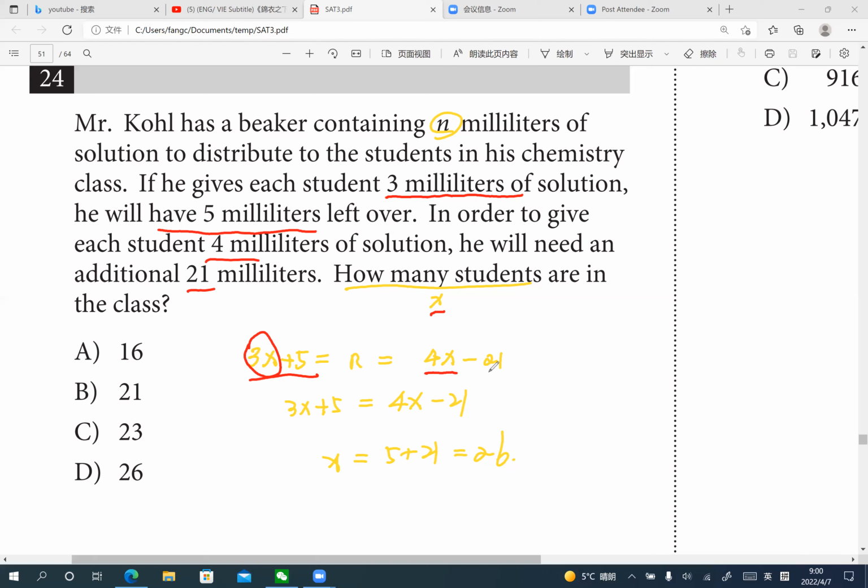So 4x minus 21 can be equal to the n milliliters, the total amount of solution. Then we just need to solve the equation: 3x plus 5 equals 4x minus 21. So X should be equal to 5 plus 21, which is 26. We should choose option D, 24.